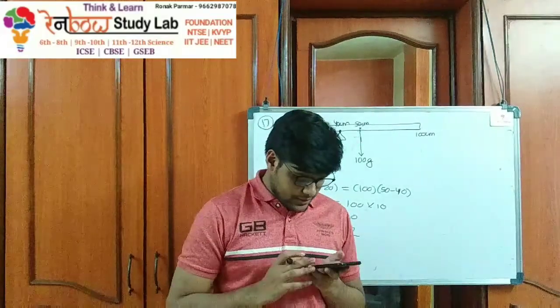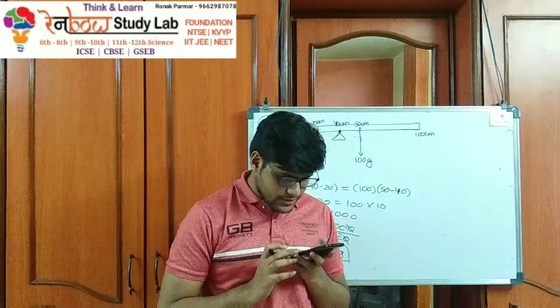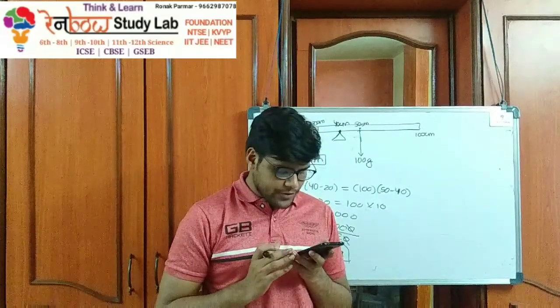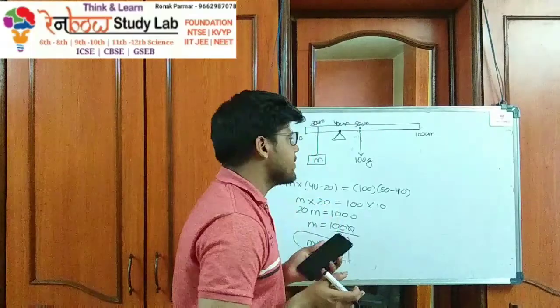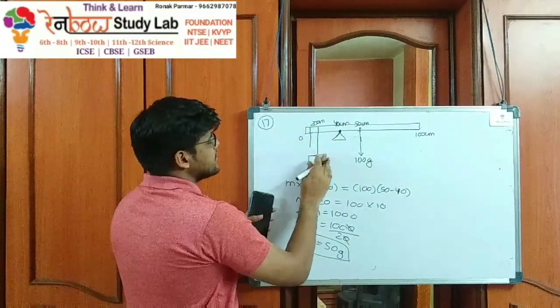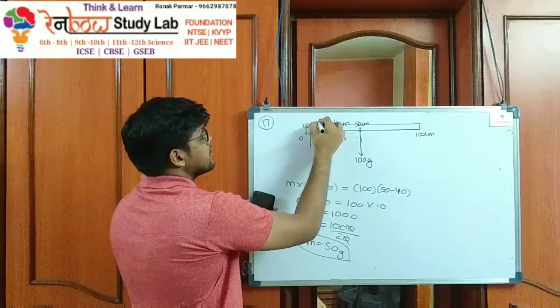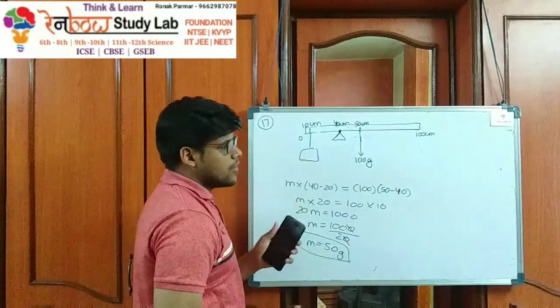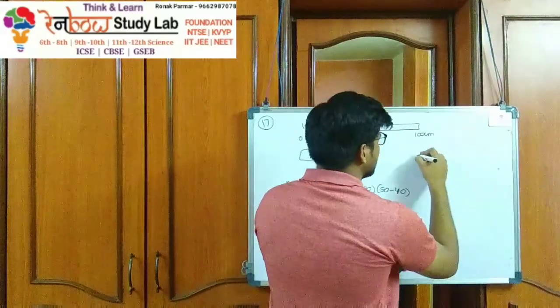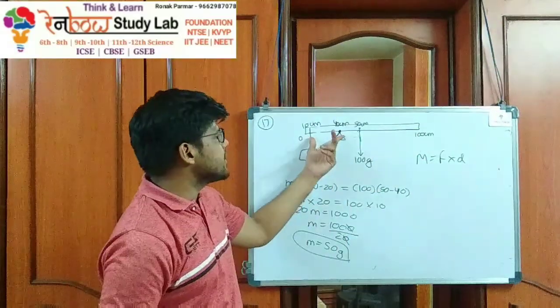Now in second part, they are asking what will happen if you shift the mass to 10 centimeter. Which side will the ruler bend? Now if you shift this load from 20 centimeter to 10 centimeter, understand, your moment is always force into distance. Now the distance has increased.